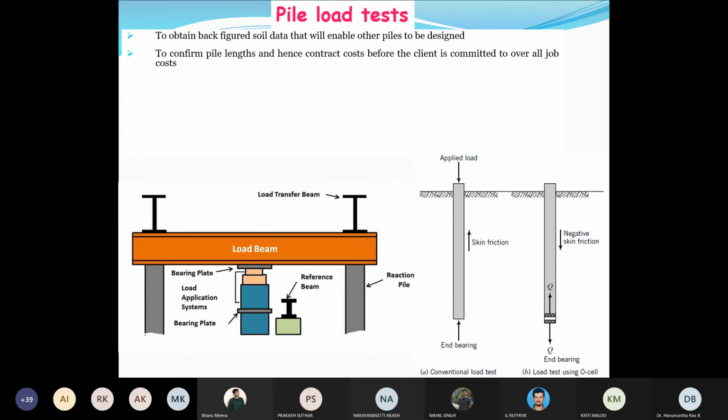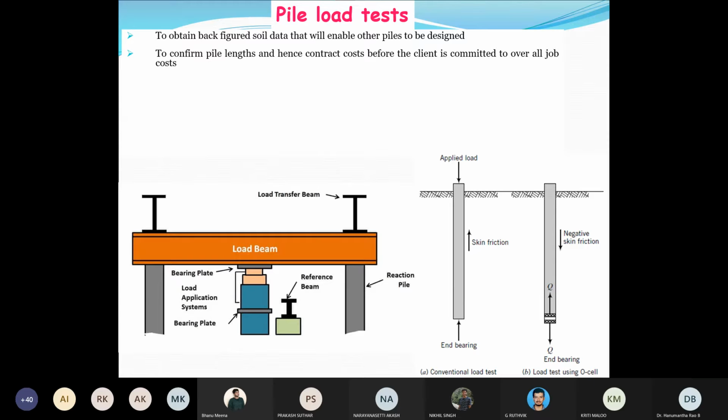overall job cost. Now, this is one of the most important aspects that as a civil engineer you must understand. Designing is one aspect, but cost is another aspect. Though you may be a very good designer, if the client says no, I don't want this kind of design, then you do not have any other option except compromising on the design.